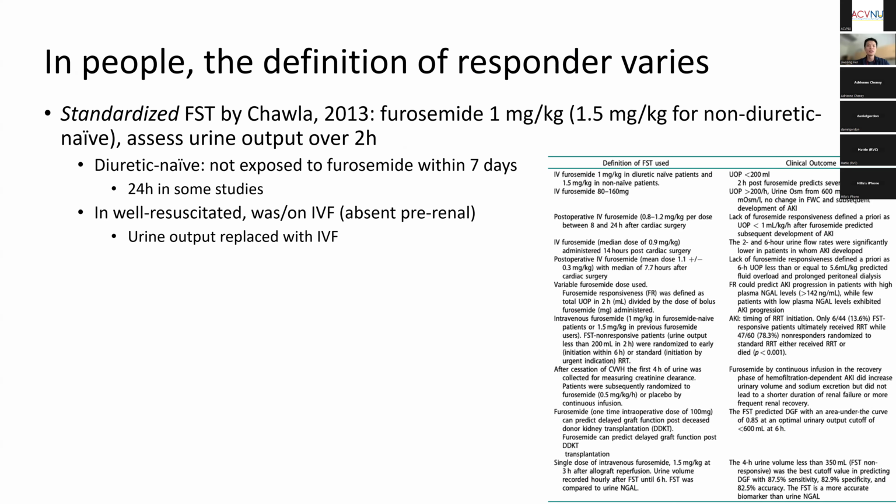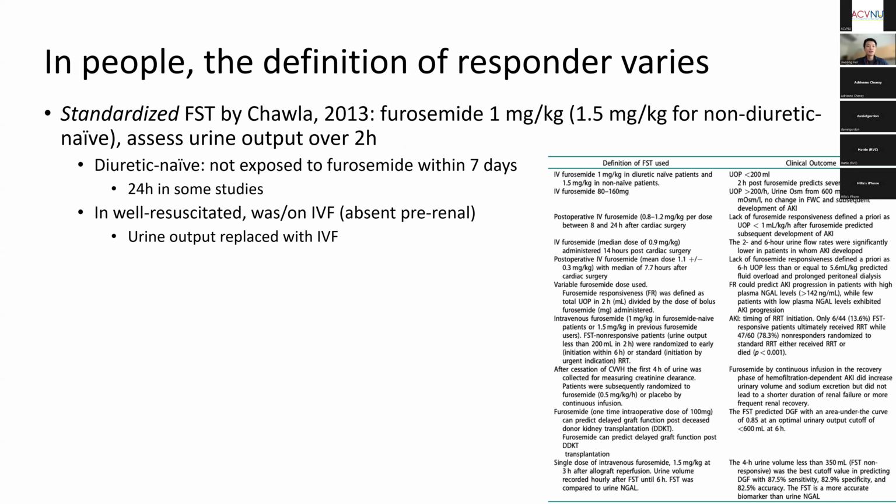And they define diuretic naive patients as those that have not seen furosemide within 7 days. So if the patient has seen furosemide within 7 days, then they increase the dose to 1.5. In the later trials, the definition of naive changes a little bit. Some studies still stick to the 7 days, but some other studies define that as within 1 day.